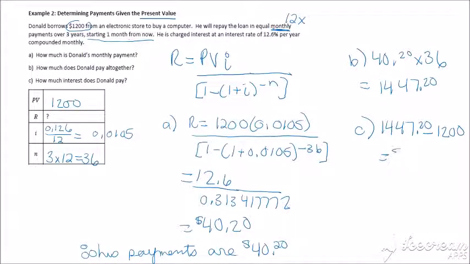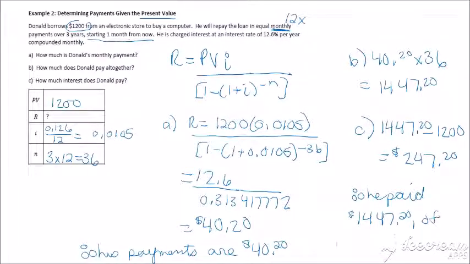So when we subtract those, he actually paid $247.20 in interest. So we say, therefore, he paid $1,447.20, of which $247.20 was interest.